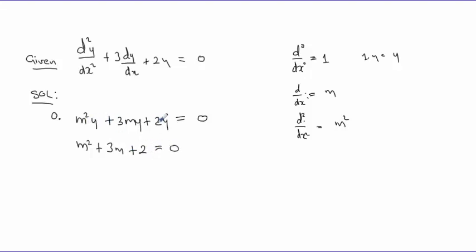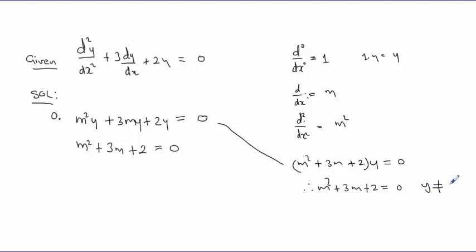Because remember, this takes us to writing m squared plus 3m plus 2 in brackets, extracting the common factor y, equals 0, and therefore m squared plus 3m plus 2 is equal to 0, where y is considered to be a non-trivial solution. So we can go straight from the given equation to here.